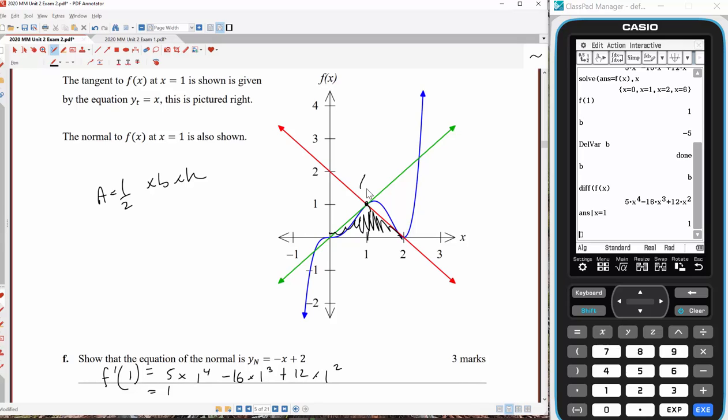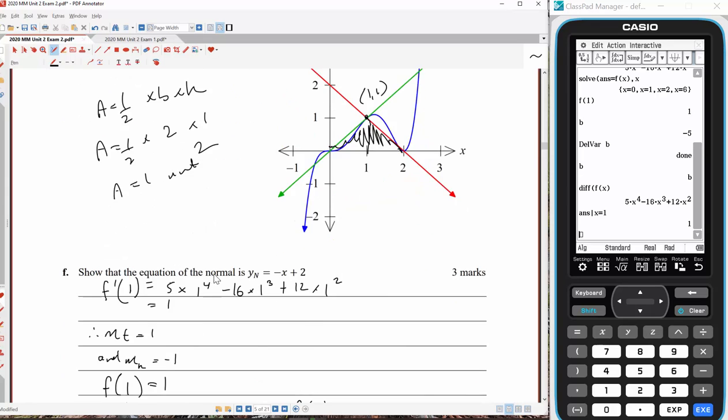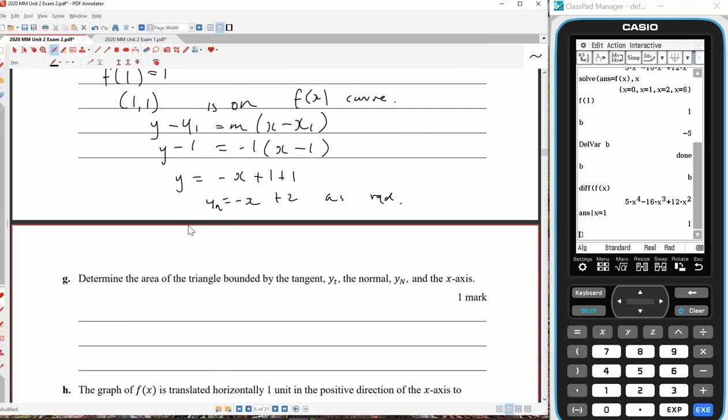So the height, I know that that point there is 1, 1. So the height is 1. The base is 2, so half of 2 is 1, just 1. So the answer to this is 1 unit squared.